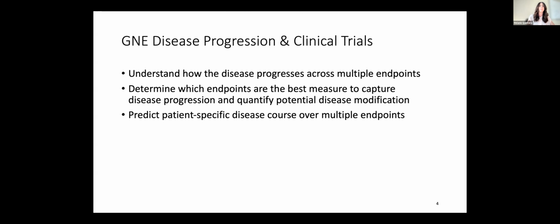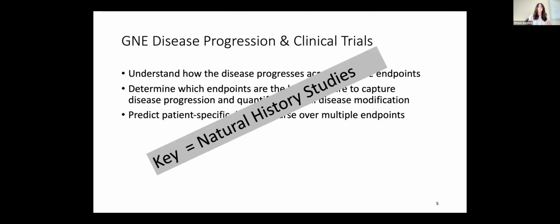And then finally, to be able to predict future patient-specific disease courses. So to really be able to understand, given a disease stage of an individual patient, where do we expect them to go next? What do we expect to happen over the next 10 years, and where do you think they will go over the course of their disease?